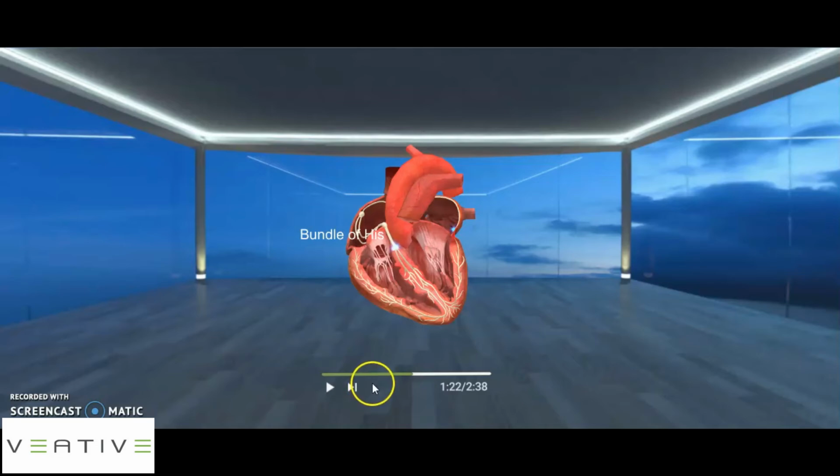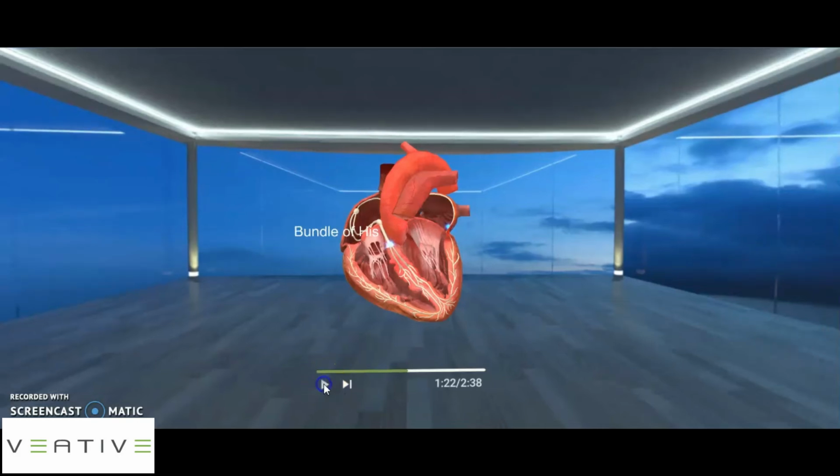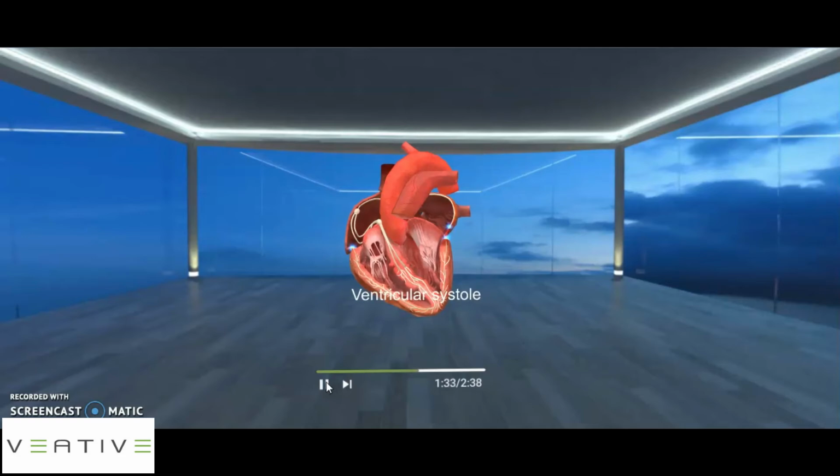The electrical impulses then travel from the AV node to the bundle of His and finally to the Purkinje fibers. This causes ventricular contraction, also known as ventricular systole.